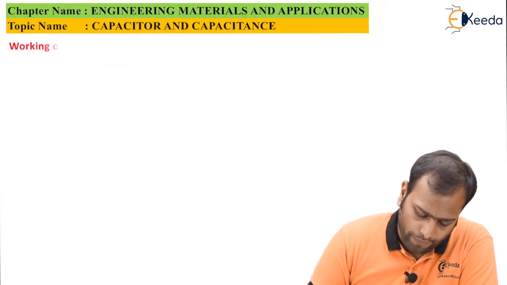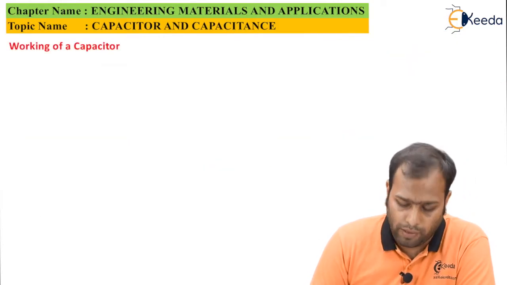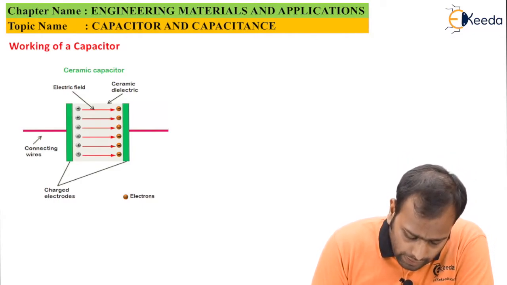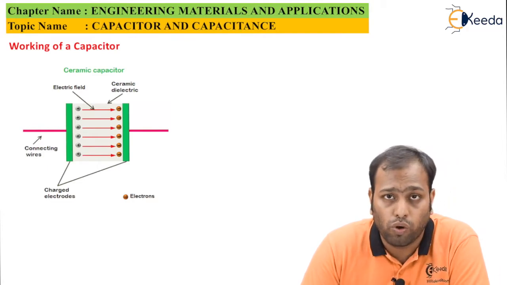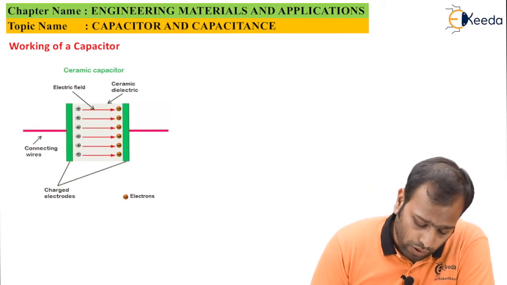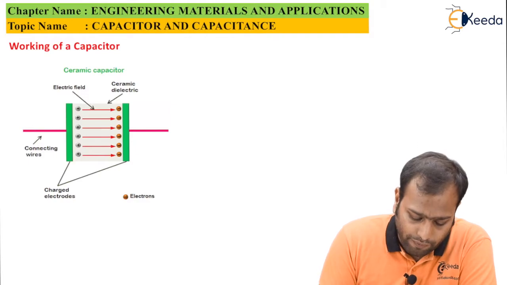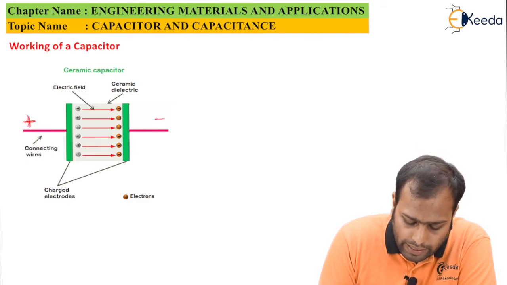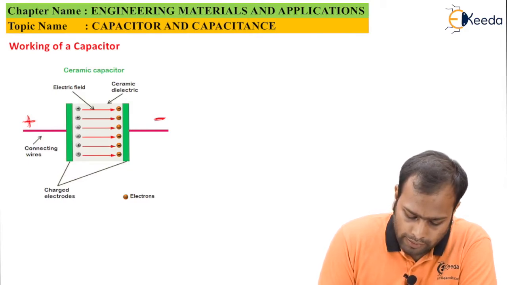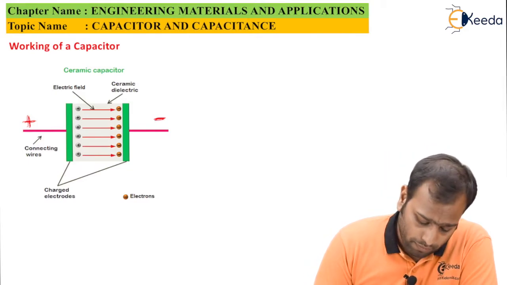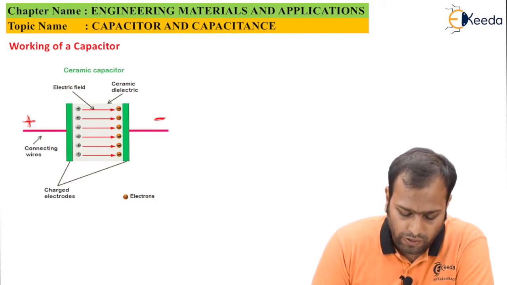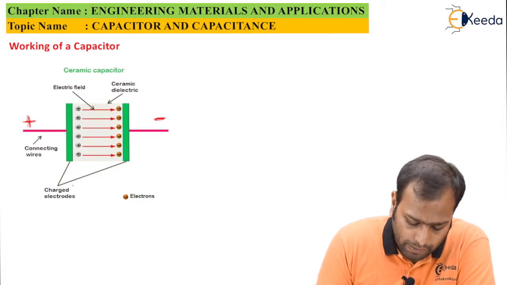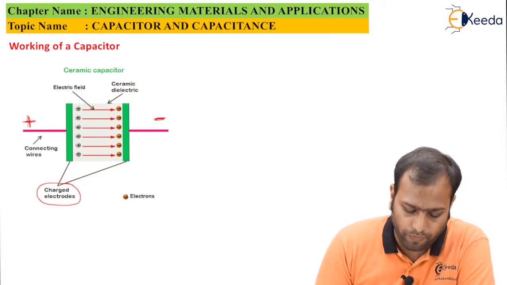Now, let's see the working of a capacitor. This is how a diagram of a capacitor looks. The green colored are the charged electrodes, or you can also call them metal plates. Now, we call them electrodes because the conducting wire has positive charge from one side and negative charge from the other side. Since the plates are metal, the positive charge gets transferred to the positive plate and the negative charge gets transferred to the negative plate, and hence they become electrodes.